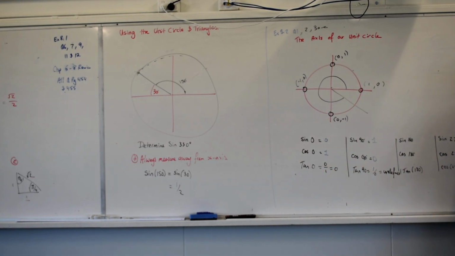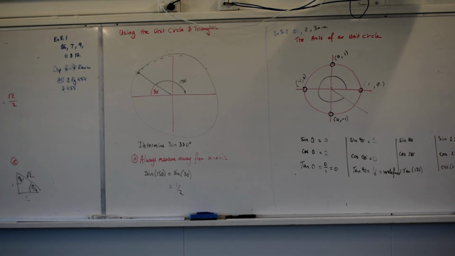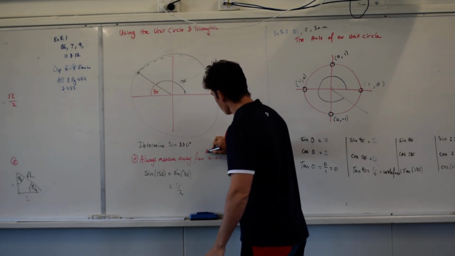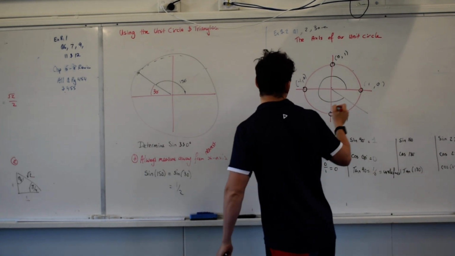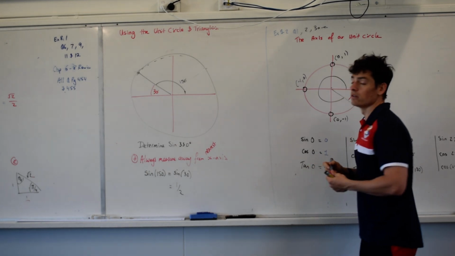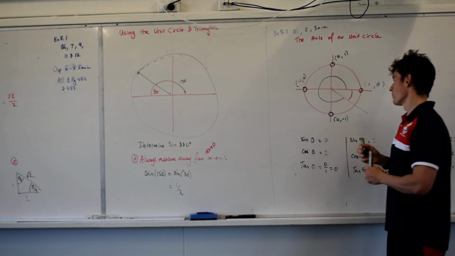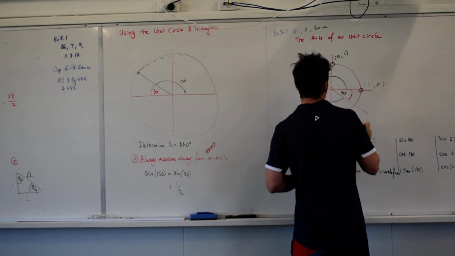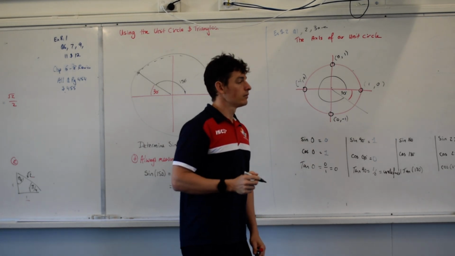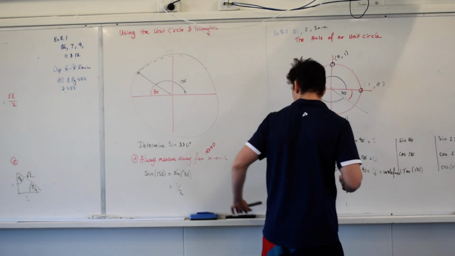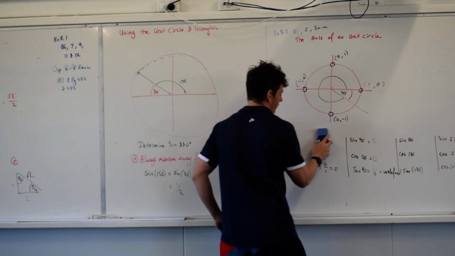Now what's the most important step here? What must I measure towards? X-axis. The nearest x-axis. I should have put that there. Which my nearest x-axis is here. What's that angle? 30 degrees. Now again, because it's in my fourth quadrant, what does that mean?